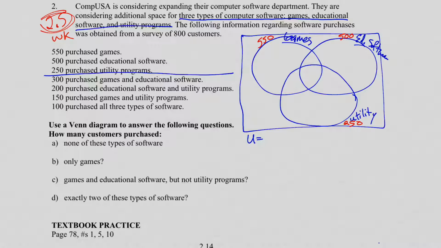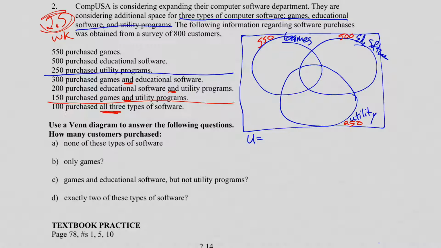So where you actually want to start is down here, all 3. All of the ones above it, those are the intersection of 2 of the circles.